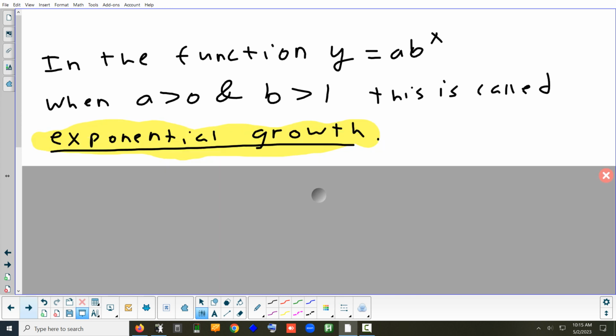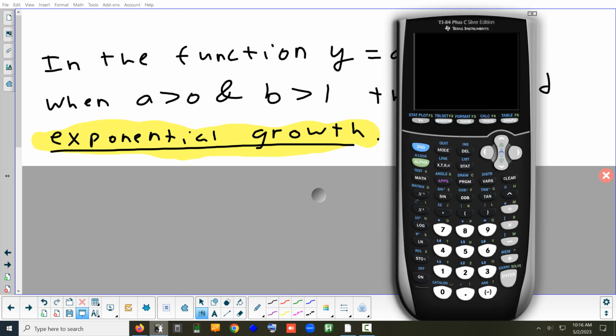Okay, so the kind of formula that we just wrote down was an example of what we call exponential growth. Exponential growth is something where you have a certain amount of butterflies, or it could be bacteria, and it increases very, very quickly.